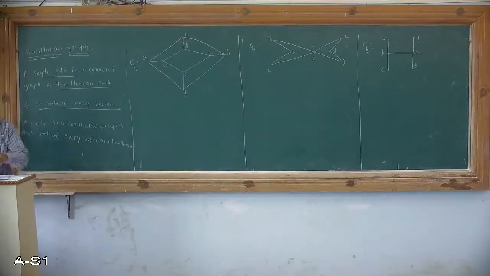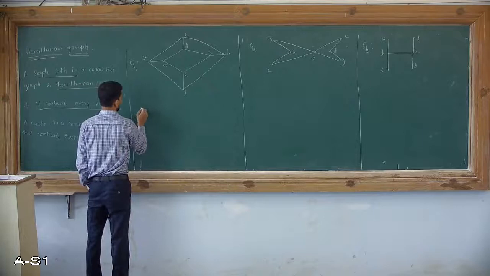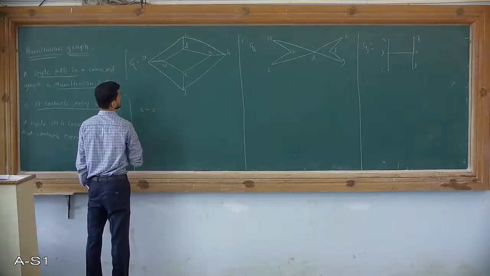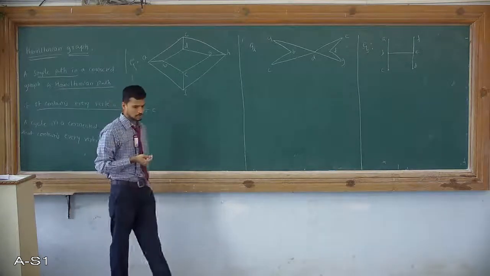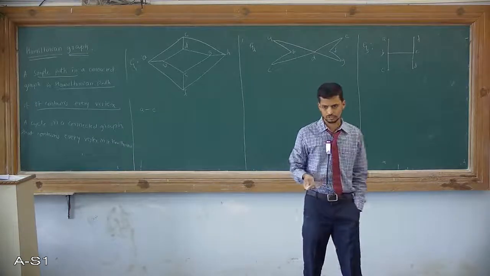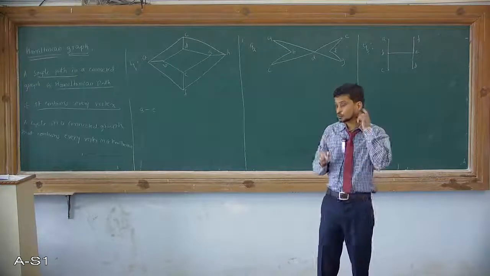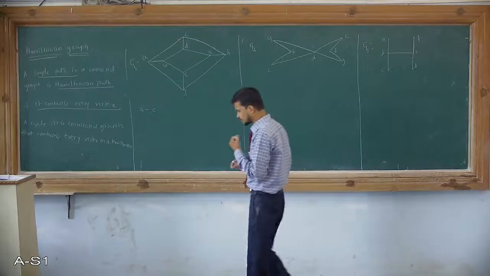Hamiltonian path for the first graph. We try to develop a path A, C. Here I will not mention the edge because it is understood that A and C are connected by an edge. I will repeat it once again. If I am mentioning two vertices, they are adjacent by an edge.